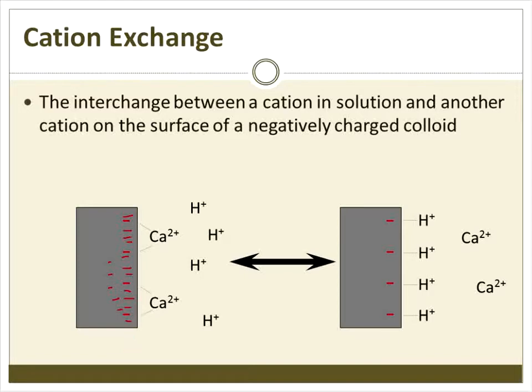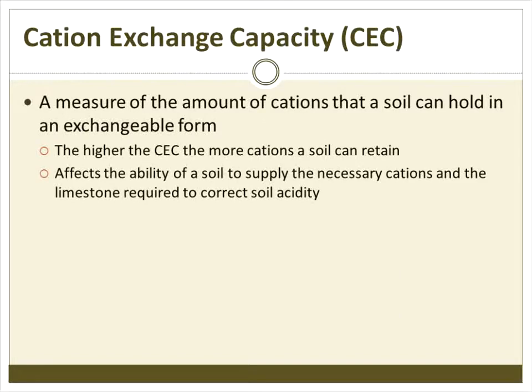Okay, and the importance of that is because cation exchange capacity has a lot to do with the fertility of the system. It has a lot to do with buffering within the system. What do I mean by buffering? By buffering, I mean the soil's ability to resist change.